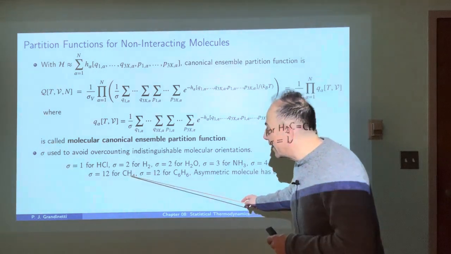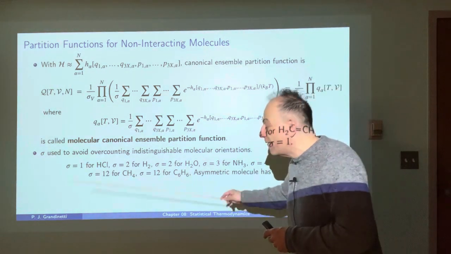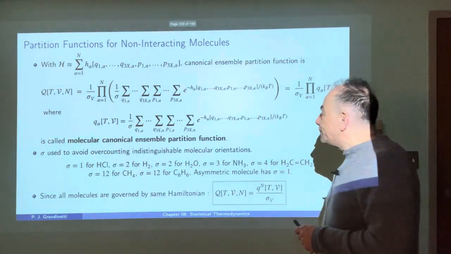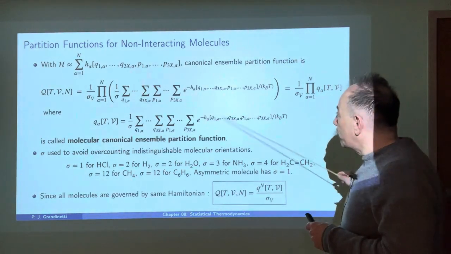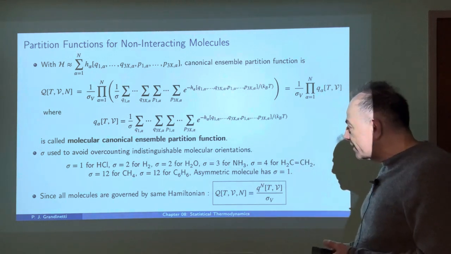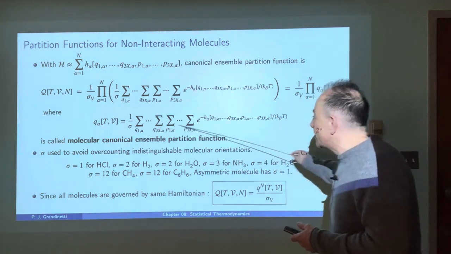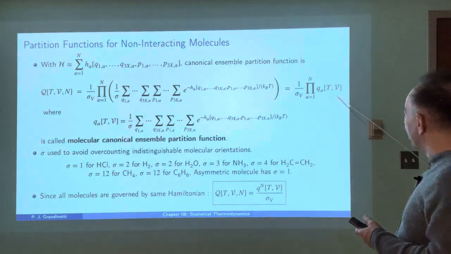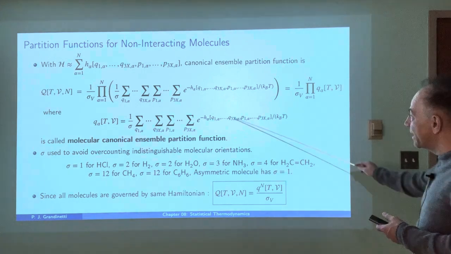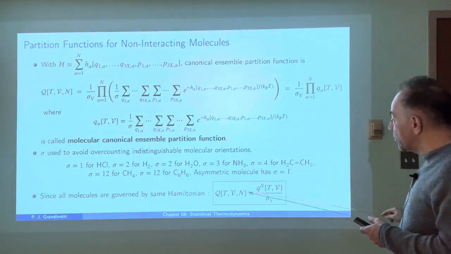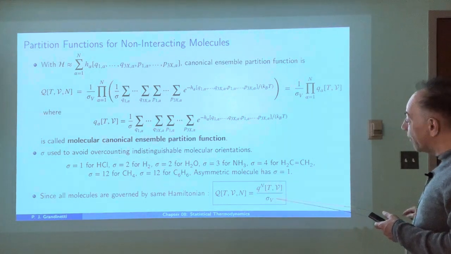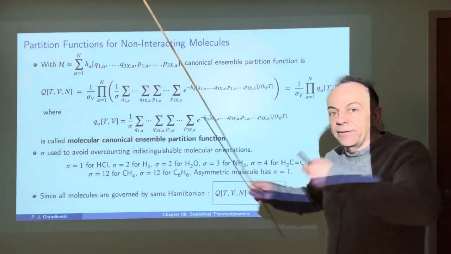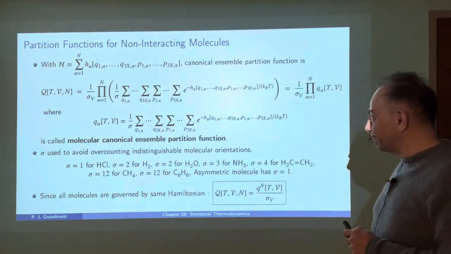You can work this out later, but methane and benzene both have 12 indistinguishable orientations, okay? And since all of our molecules are identical, they're all governed by the same Hamiltonian, so this is going to be the same for every single one of our molecules. So we can write this equation in this form here, where it's just the molecular canonical ensemble partition function raised to the Nth power divided by sigma v, for indistinguishability in their translational motion.